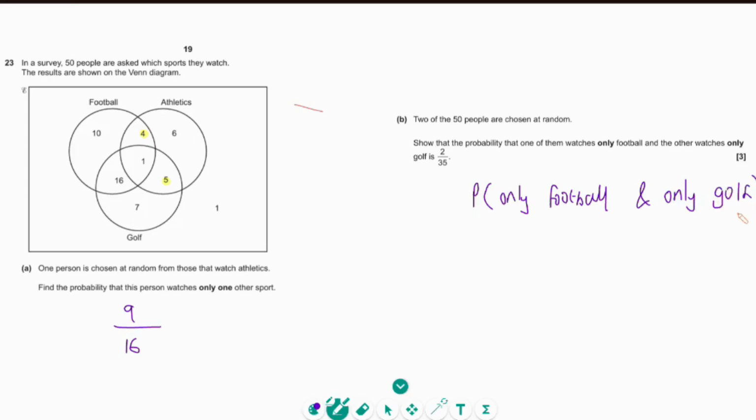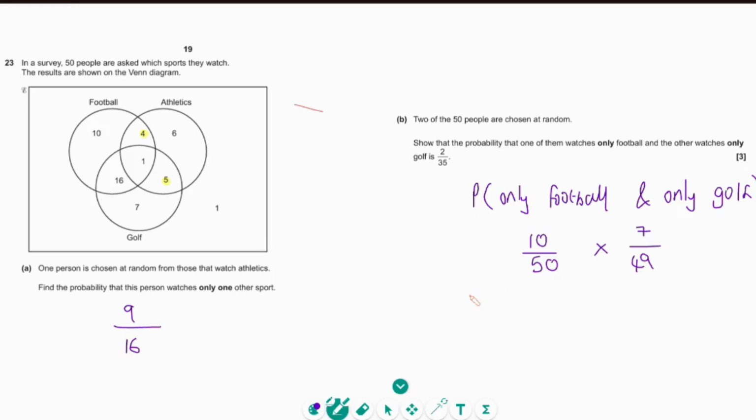And this is probability without replacement because I'm taking them both at the same time. So the probability that the first person watches only football is 10 over 50. And only golf, well, I've taken out one of those people, so it's out of 49. 7 people watch only golf, so 7 over 49.